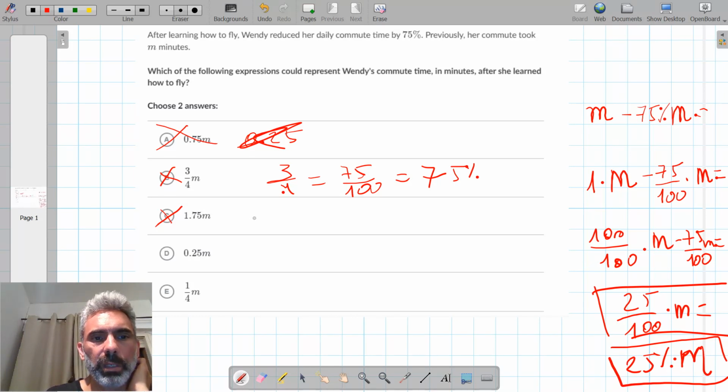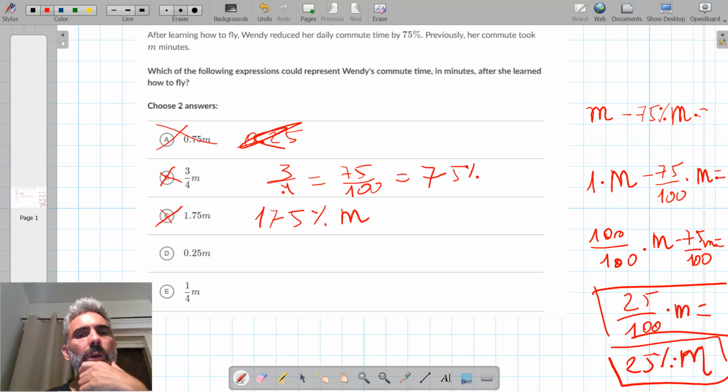And here it says that her commute time is 175% of the original commute time, which is incorrect. Because 1.75 is like 175%, because 1 is 100% and 0.75 is 75%. So C is incorrect.